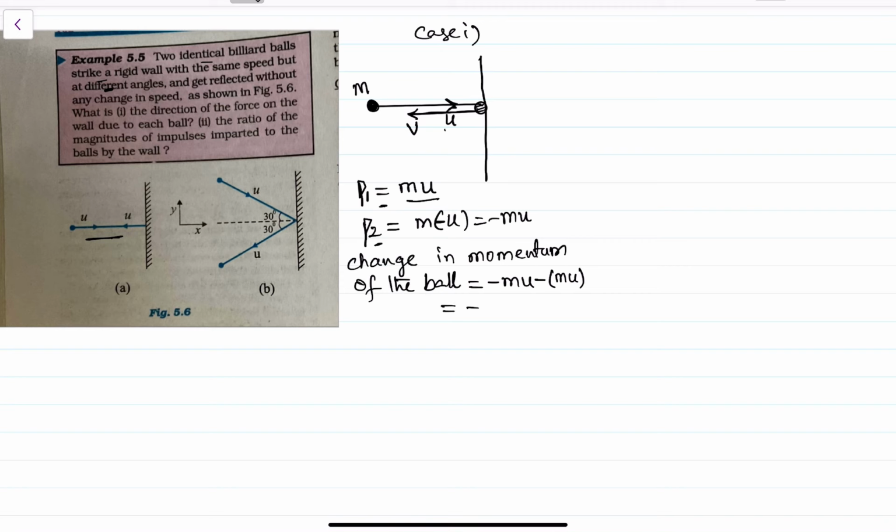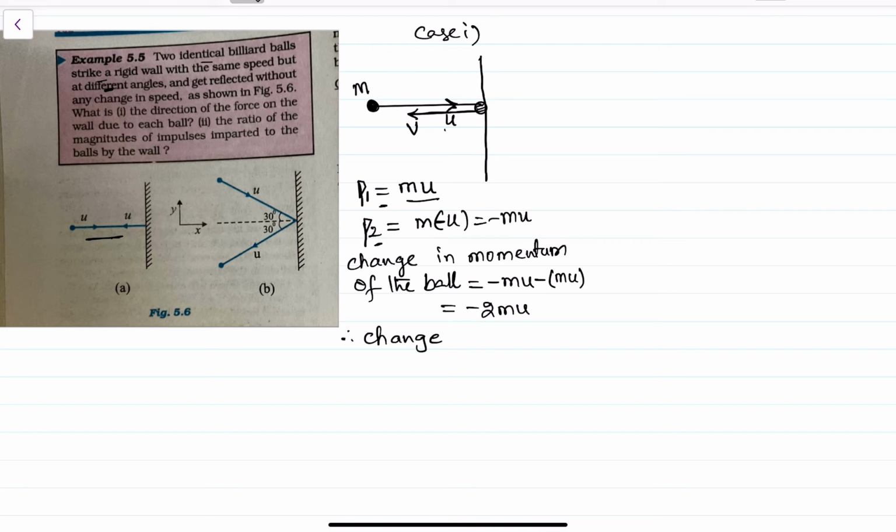That is, the change in momentum is minus 2mu. The change in momentum of the ball is minus 2mu because force is acting on the ball. When force is acting on the ball, the momentum of the ball changes. From Newton's third law of motion, if the ball exerts some amount of force on the wall, the wall also exerts an equal and opposite force on the ball.